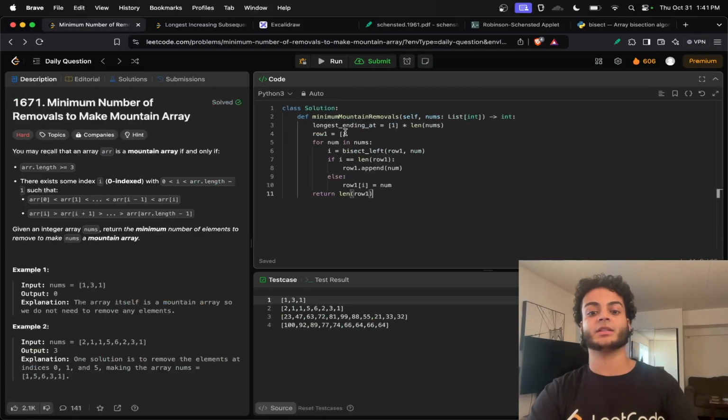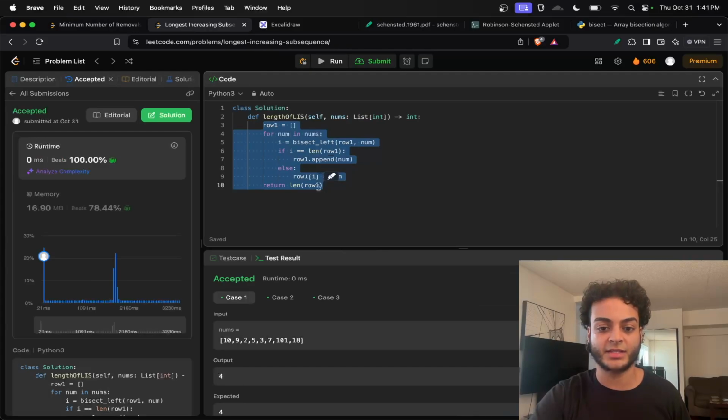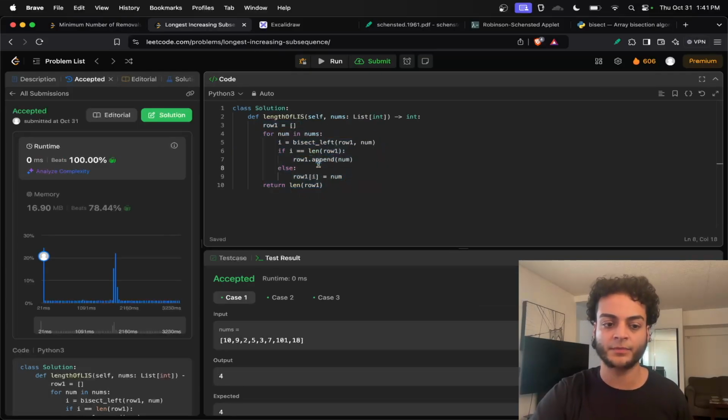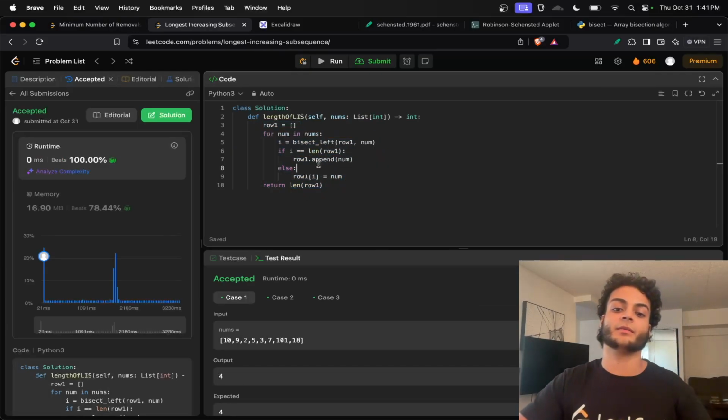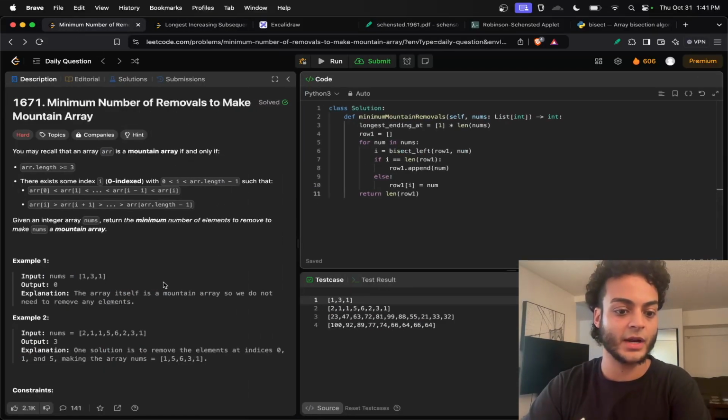There is one thing we need to be careful of though, which is that when we did this greedily, we didn't care which number the sequence ended with. But in this case, because we're considering it for every peak, we care that it ends with exactly the peak.